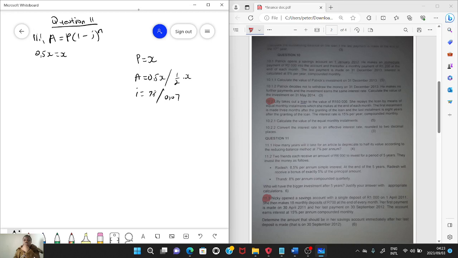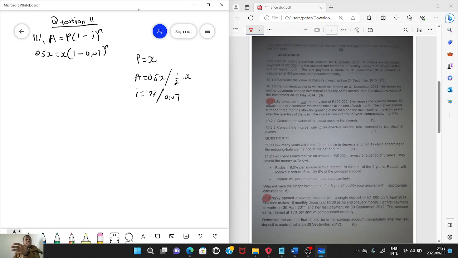And then in brackets, I have 1 minus my i, with my n. If you check, we are not looking for x in this case. x represents a certain amount. We have x on both sides, so we have to eliminate the x. We divide both sides by x because here we're solving for n.